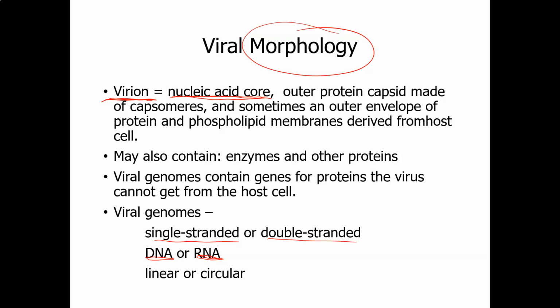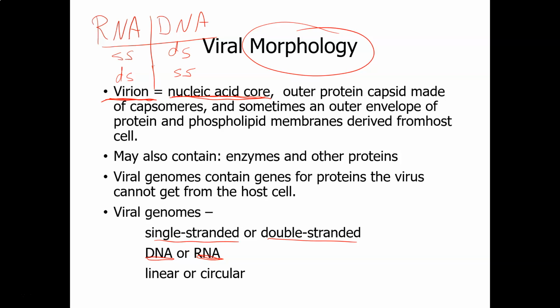We have learned up to this point that if we made a chart and compared RNA to DNA, one of the differences is that RNA is single-stranded, DNA is double-stranded. However, with viruses, the RNA can also be double-stranded and the DNA can be single-stranded. And this is going to be really important in how we classify viruses today.